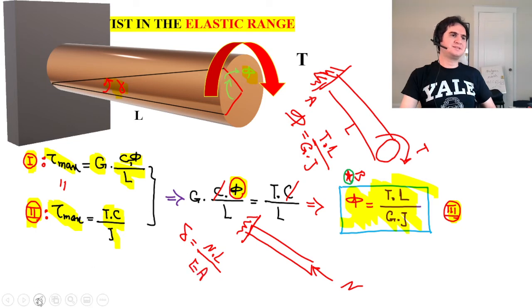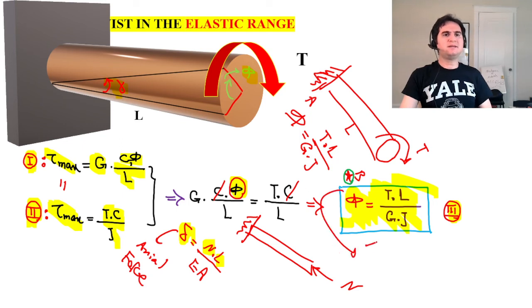You can see how these two equations are identical to each other in their appropriate force. This is delta, the deformation in the axial force condition. This is the angle of torsion when you handle a torsional torque.